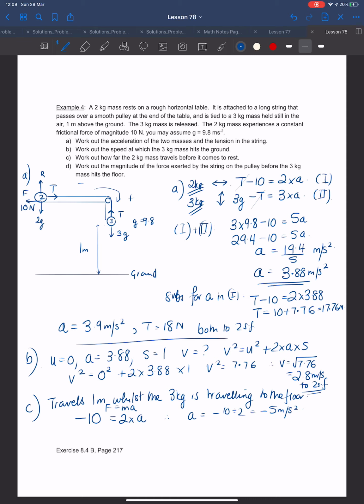Now at the start of this particular point after the 1 metre, it starts with this velocity, the square root of 7.76, and it slows down to 0. So U is the square root of 7.76, V is 0, A is minus 5. Bingo, we've got 3 things, so we can work out the fourth. What is it that we want?